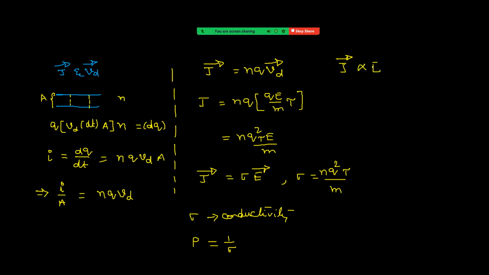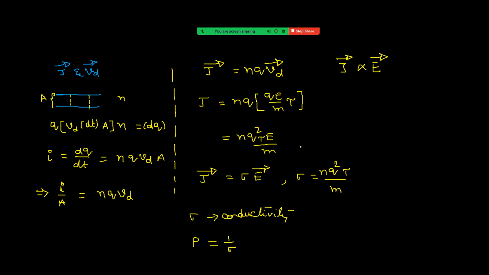This is known as Ohm's law in terms of J bar and E bar, or Ohm's law at the microscopic level, because we define the J value from point to point.